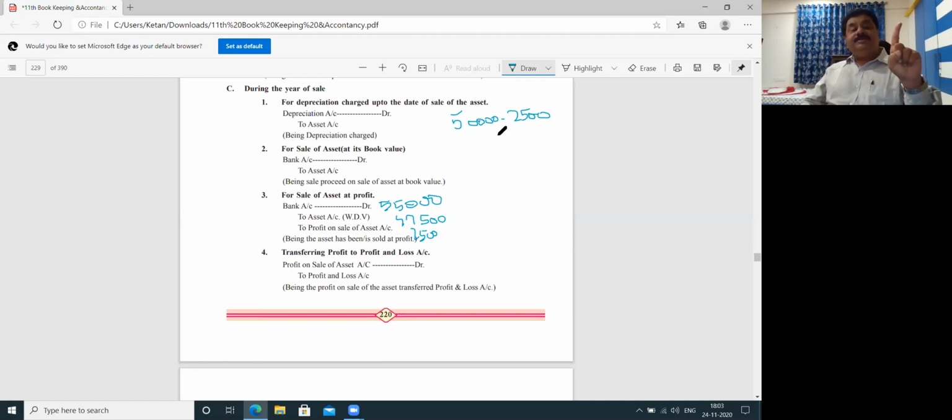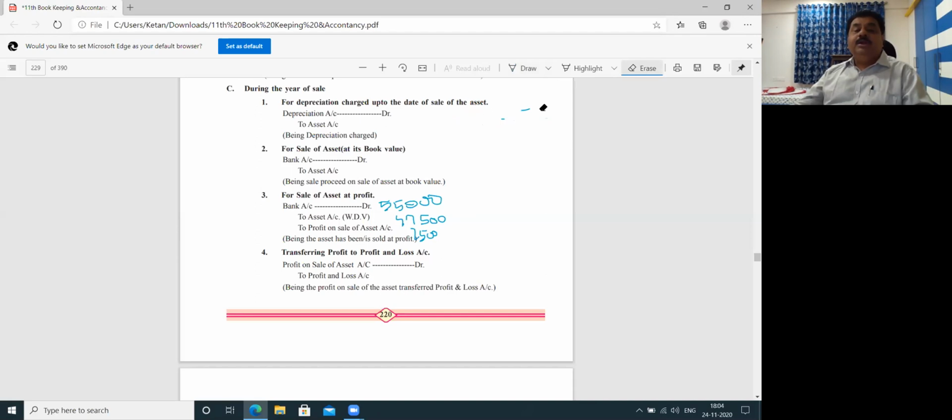Year starting on 1st April and ending on 31st March. For example, a year starting on 1st April 2019 and ending on 31st March 2020. Okay, that is a full year, 12 months. This is called a financial year. So you should understand that, and the depreciation calculation part is necessary to understand.